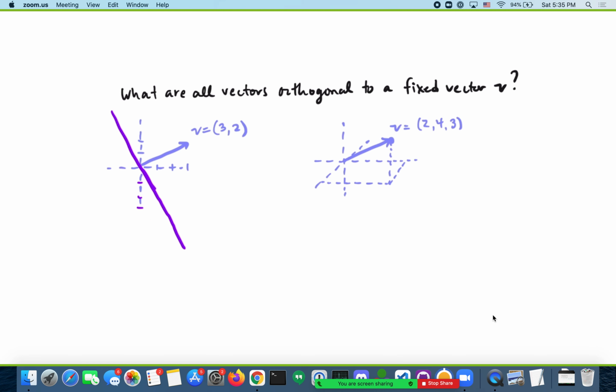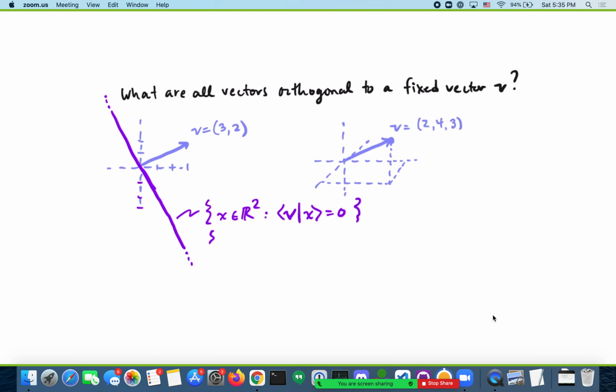And this entire line, in fact, extending forever in both directions, is the set of vectors that are orthogonal to V. So we could even say, this is the set of all the x in R2 such that V dot x equals 0.